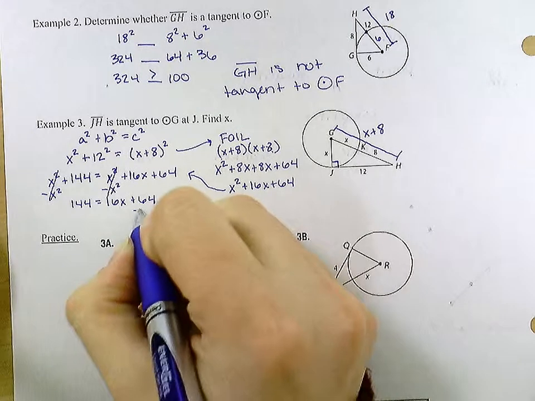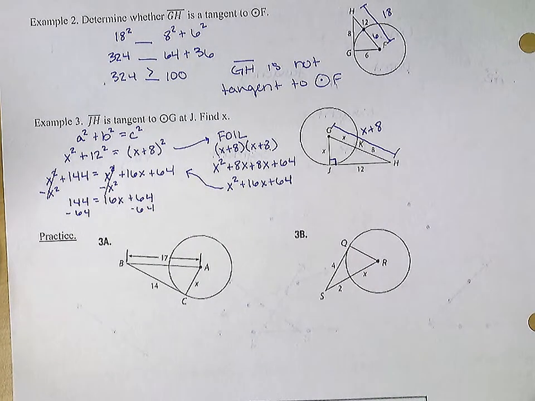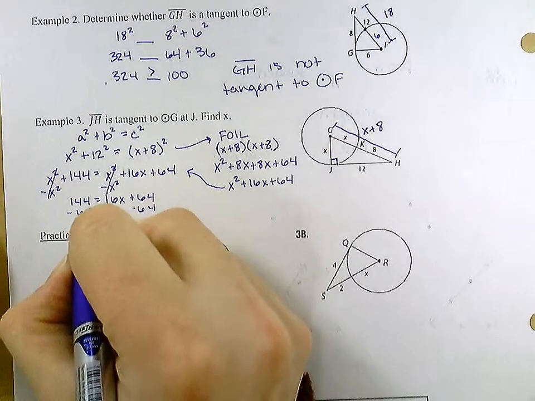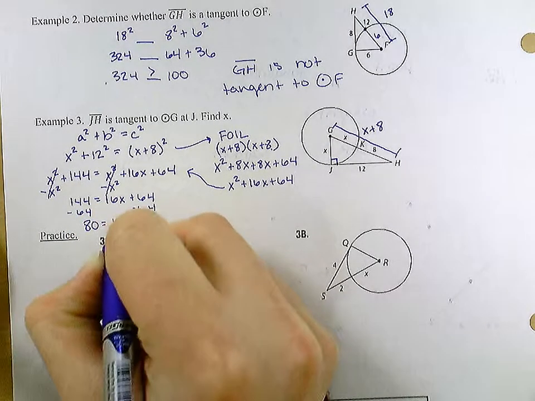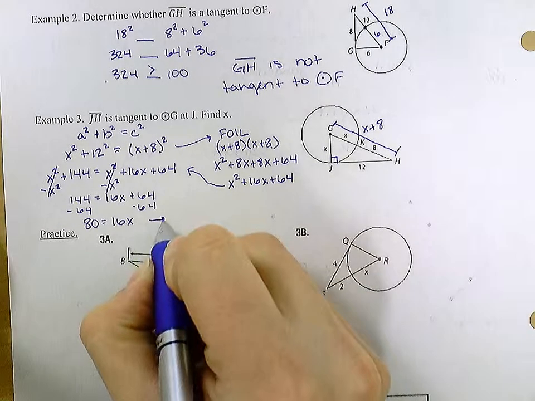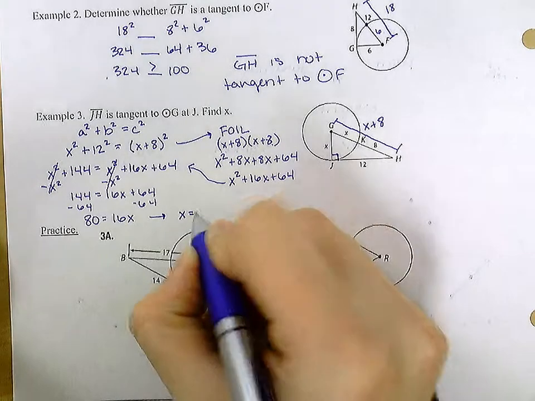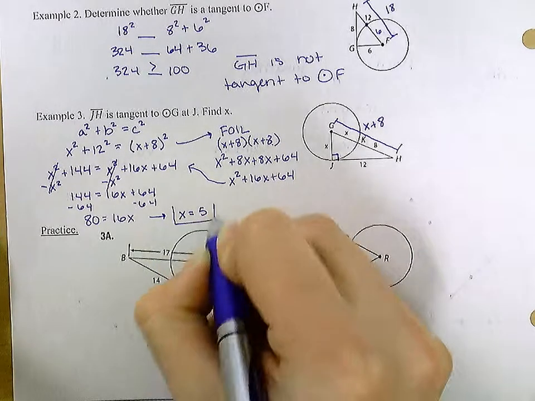So I'll subtract 64. That's 80 is equal to 16x. Divide by 16. Okay, to get x is equal to 5.